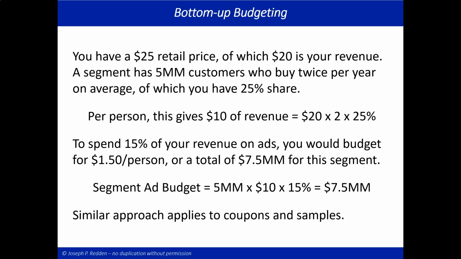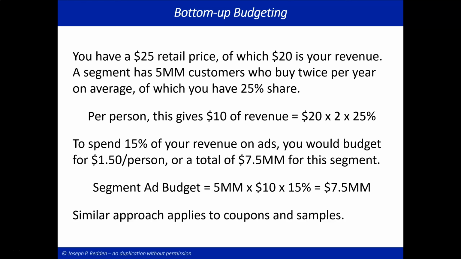Per person, this means you get $10 of revenue per person, because $20 is your revenue, they purchase it twice a year, so that's $40, and I get 25% of the share.